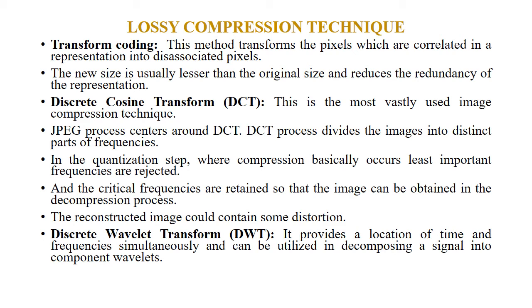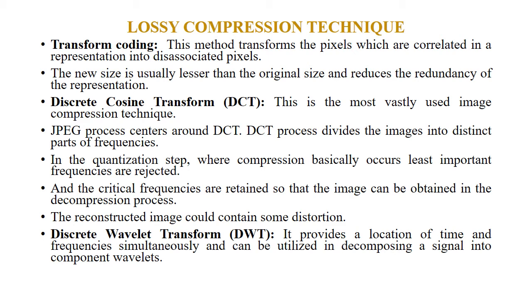In the quantization step, where compression basically occurs, the least important frequencies are rejected. Rejecting the least important frequencies plays a major role in the quantization process of this transform coding technique. And the critical frequencies are retained so that the image can be obtained in the decompression process.